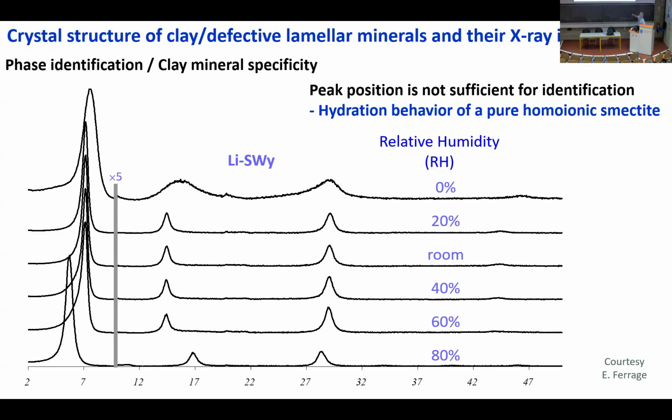And here at 0%, we start to dehydrate lithium cations completely. But again, if you want to measure small evolution of the presence of another cation or another molecule in the interlayer, you will need to have one single cation and to be able to record that at one relative humidity.